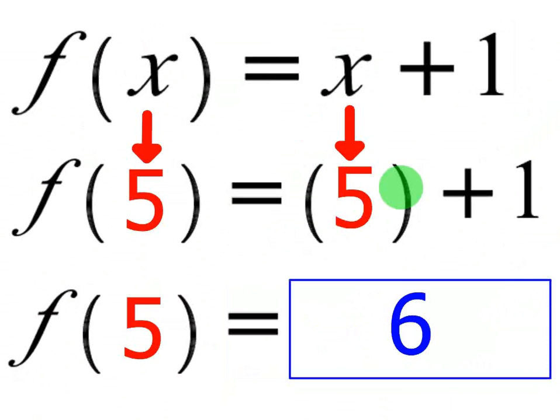Well, if we stipulate, for example, f of 5, and we know that the function is f of x, it only makes sense then that we're plugging in 5 for x. So for example, if the question said, what is f of 5? You would immediately know, well, I'm dealing with f of x, and it said f of 5, so every time there's an x, I'm going to replace it with 5. Therefore, when we write the final answer, we can write f of 5 equals 6.